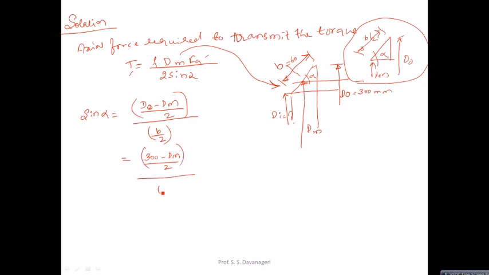Now we'll substitute. D naught is 300, minus dm, which is unknown, divided by 2. Now b is 60, by 2.